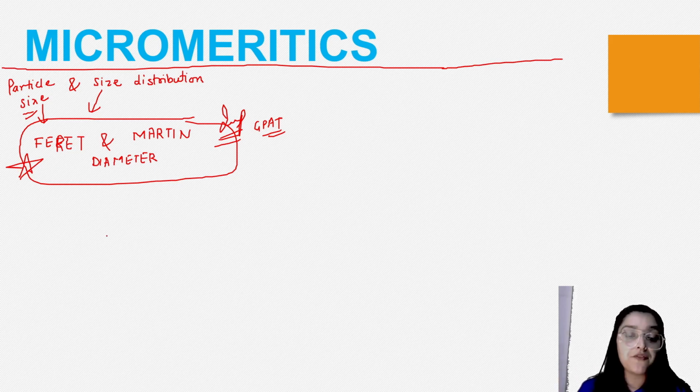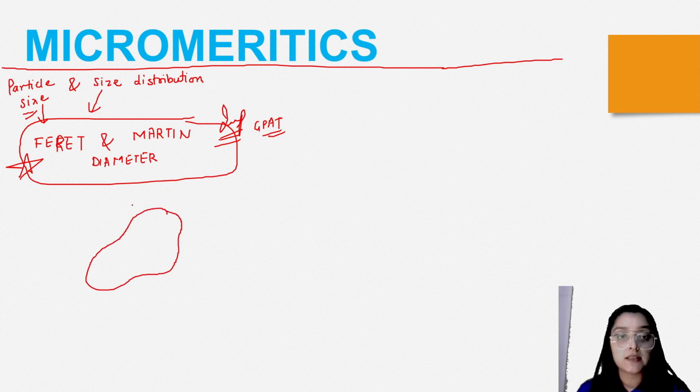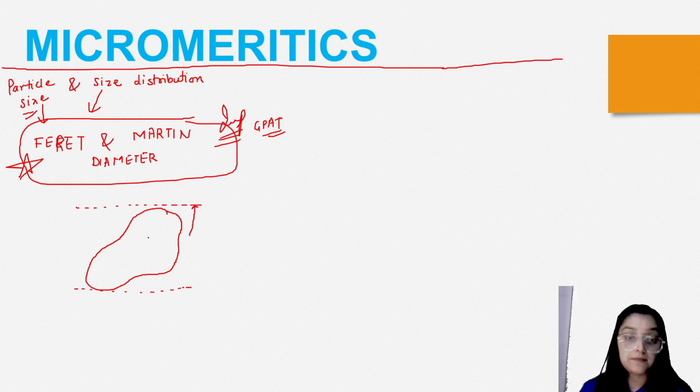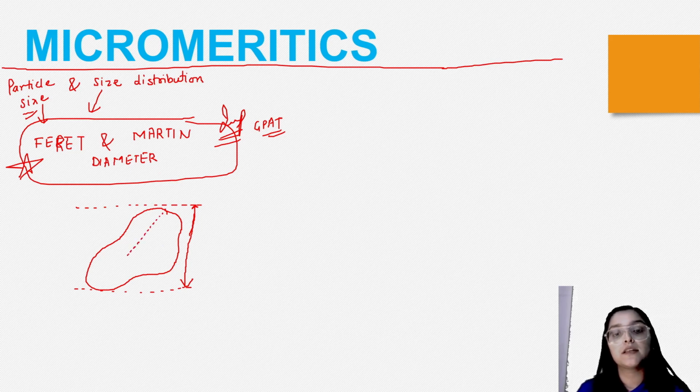Okay, now you have to understand, suppose this is a particle. I will just give a brief of it, but you have to understand how the question arises. Now this particle that we consider, suppose this is the projected diameter of our particle.